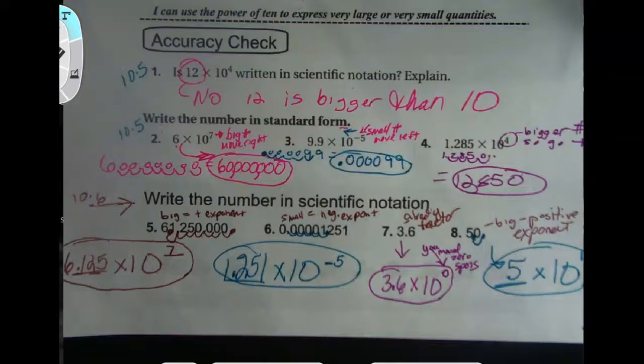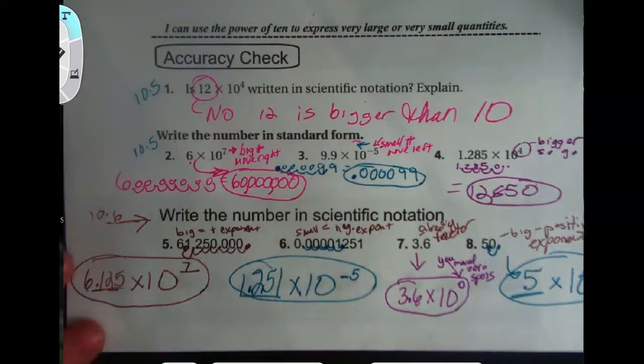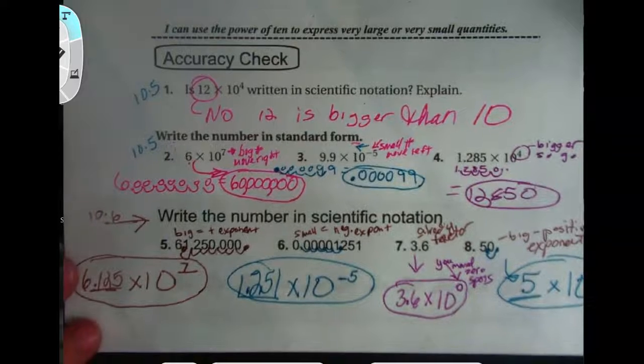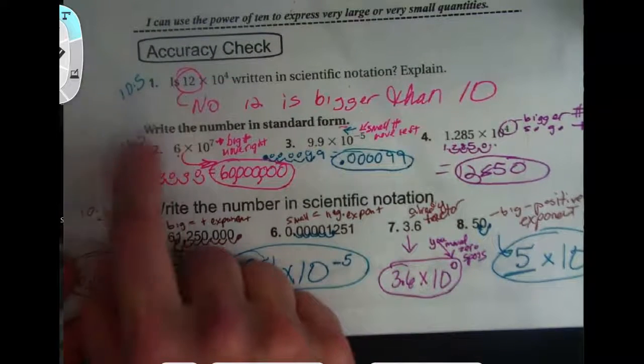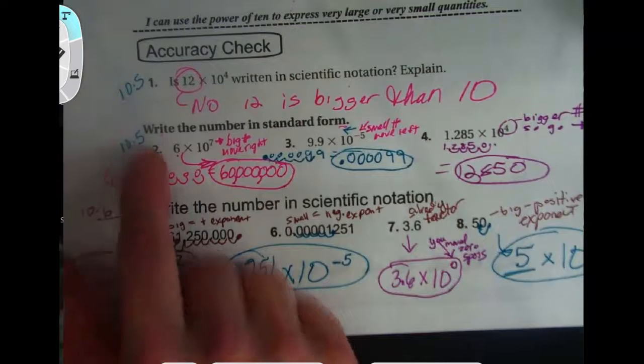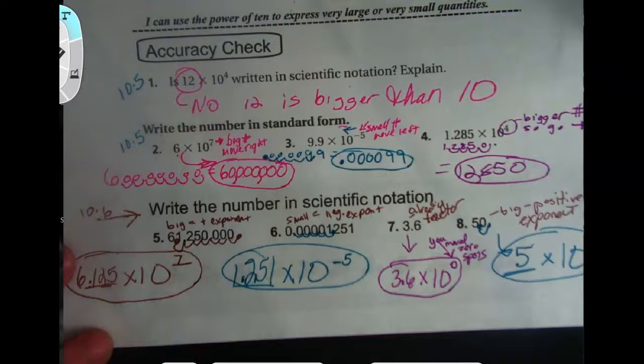Okay, so hopefully you came up with similar answers to this. For number 1, it's no, because the 12 is bigger than 10, so that's not a correct factor. Number 2, that was all from 10.5, the first part. So what we did was, because it's a positive exponent, we want a bigger number, which means we go right.